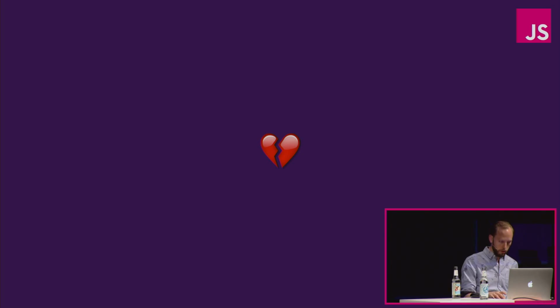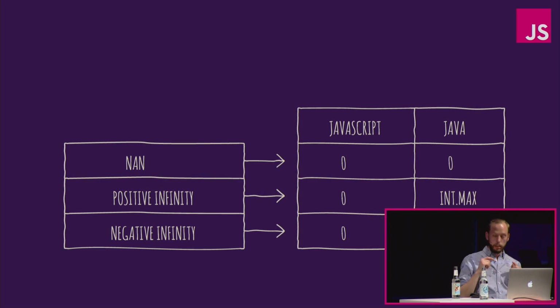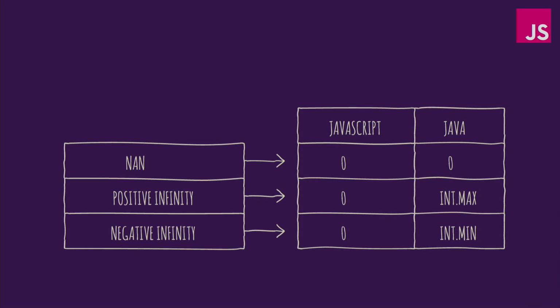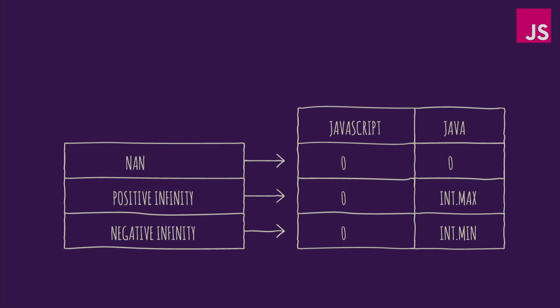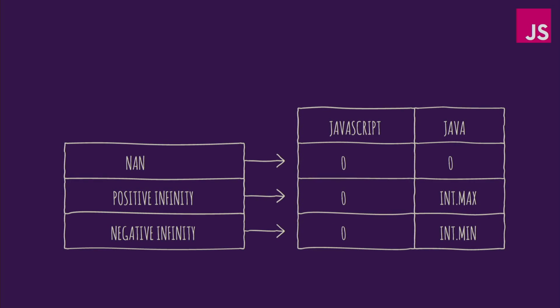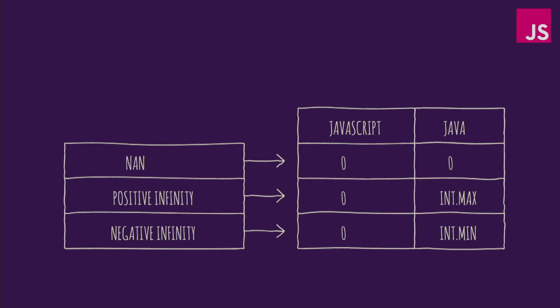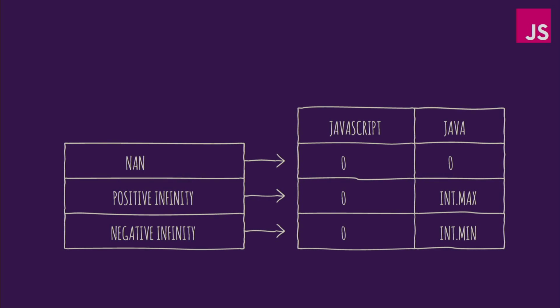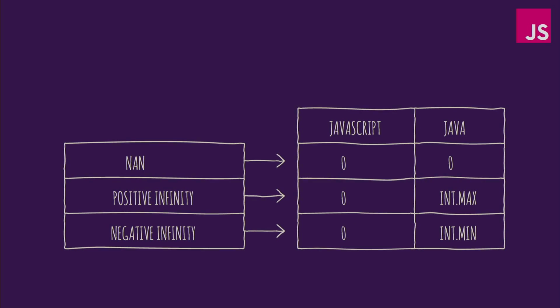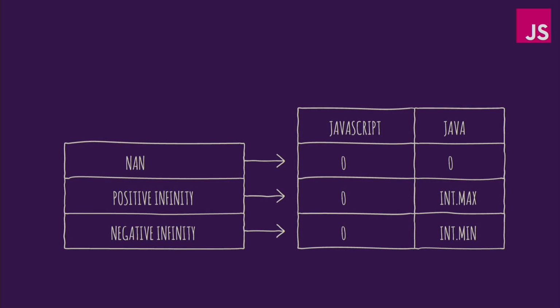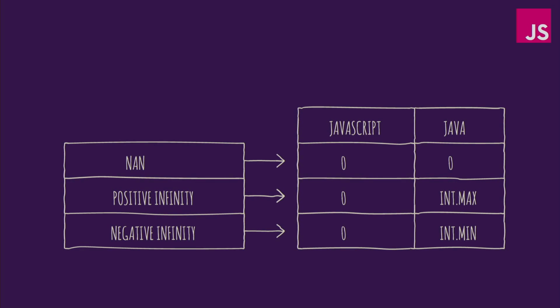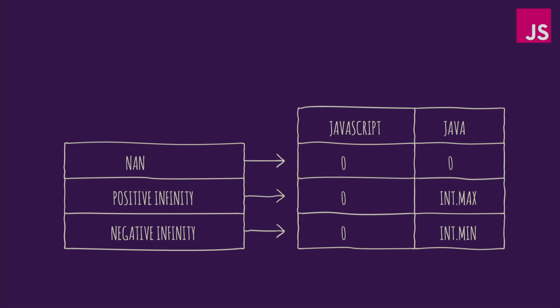Well, or not, because there's a subtle difference when you talk about doubles. In JavaScript, if you have a double and apply the OR operator to NaN, you get 0, which is the same for Java. But if you have positive infinity or any value larger than the maximum integer, JavaScript will give you 0 if you OR it, whereas in Java, you will get the maximum integer.